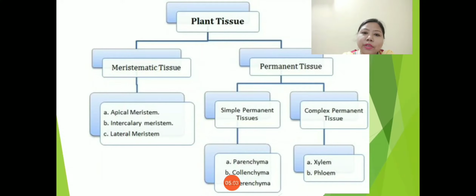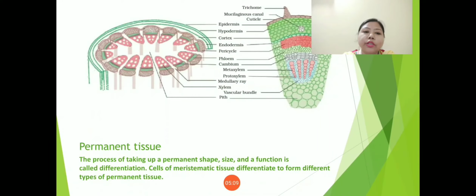So let us first discuss about the simple permanent tissue, and the simple permanent tissue which we are going to discuss is the parenchyma. So first of all, let us understand what is permanent tissue. So what do you think happens to the cells which are formed by the meristematic tissues?